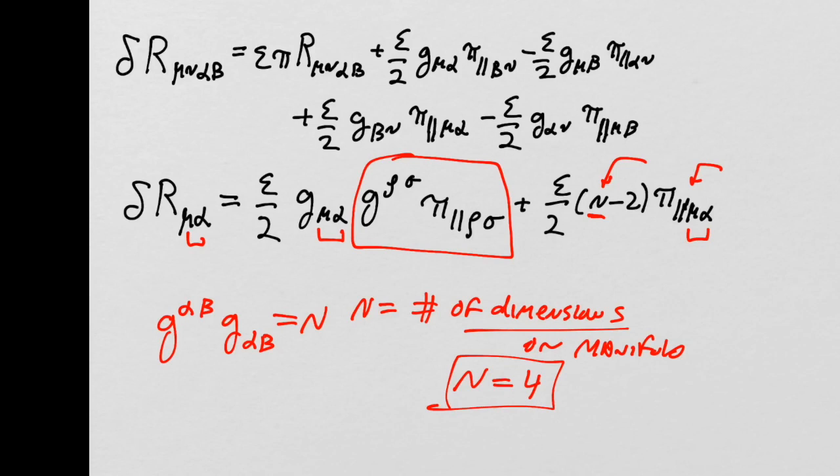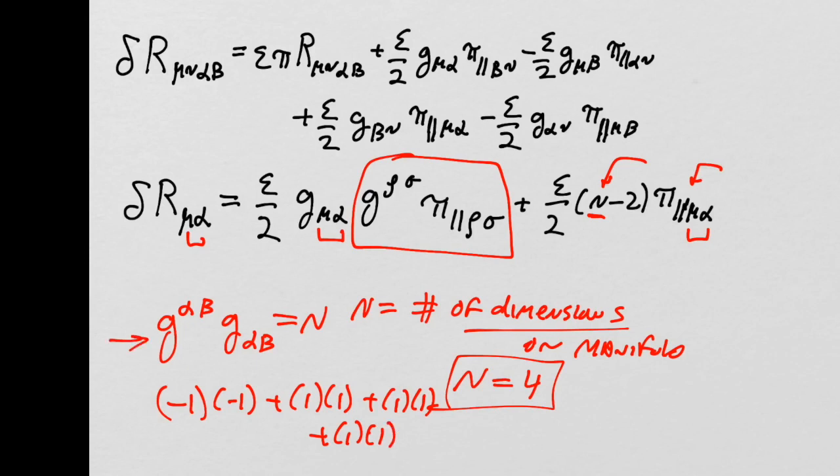You can see how you're basically going to end up with -1 times -1 plus 1 times 1 plus 1 times 1 plus 1 times 1. You can work that out yourself. Work out that double contraction, if you don't know it already, and you end up with 4 for regular space-time when you have Minkowski metrics involved.